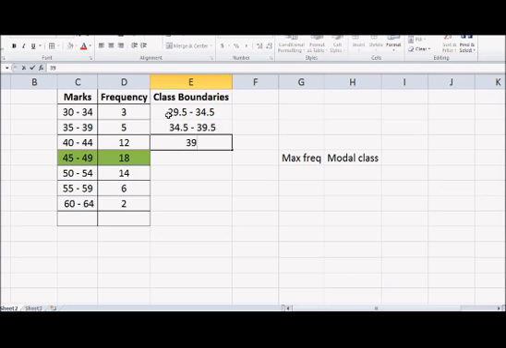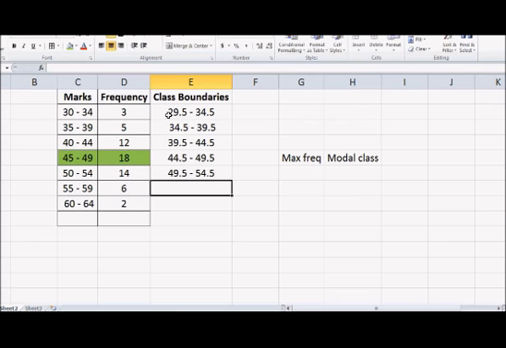The next one would be from 39.5 to 44.5, then 44.5 to 49.5, 49.5 to 54.5, 54.5 to 59.5, and finally 59.5 to 64.5.